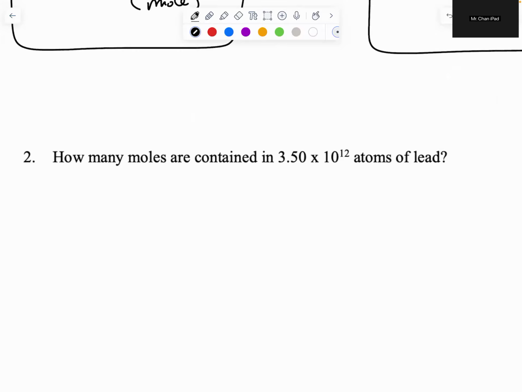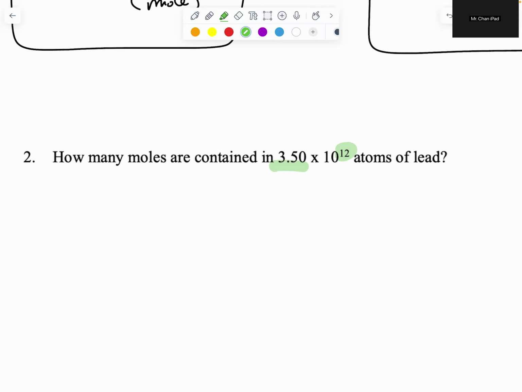And how do you know? The power. I don't quite care about this, but the power tells us a whole lot. This is 10 to the 12th power. It's less than 10 to the 23rd. Well, it's a lot less.